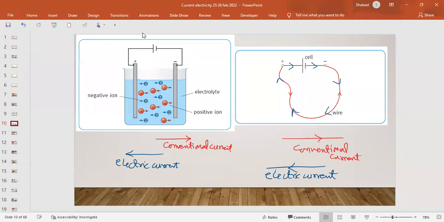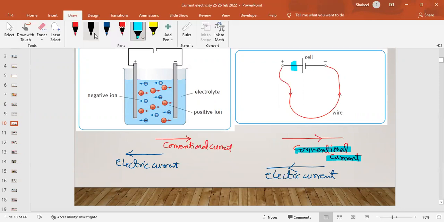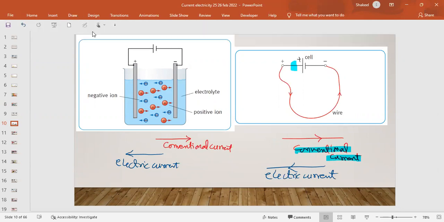Okay, so this is the thing. This is the conventional current that flows from positive to negative. So the red one in this diagram is actually the conventional current. Like this is the positive terminal. So the current flowing from positive terminal towards negative.